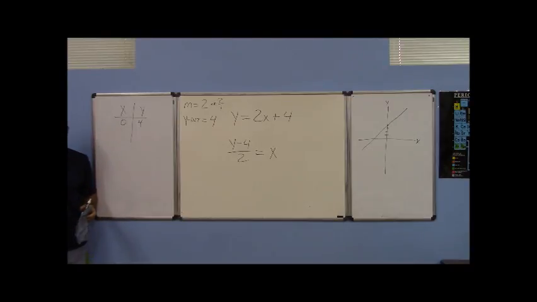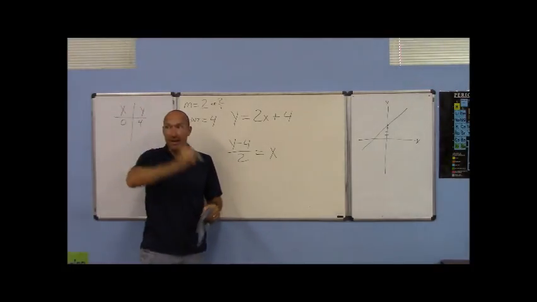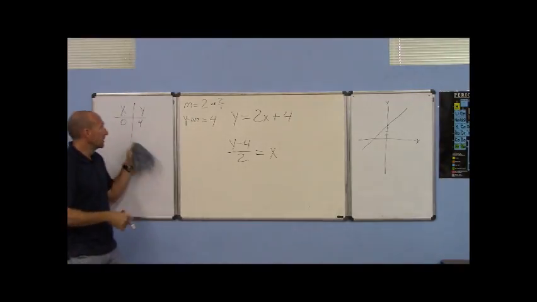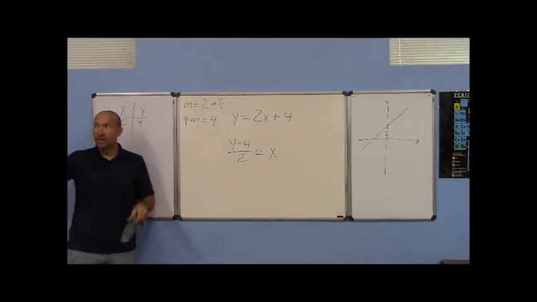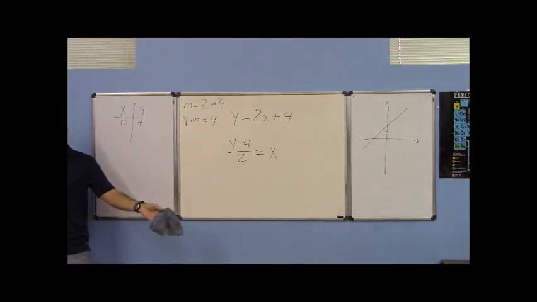What was 0? X. When x is 0, that's where the line actually touches the y-axis. So we knew to plug in 0 for x because x has to be 0 in order for that line to hit the y-axis.